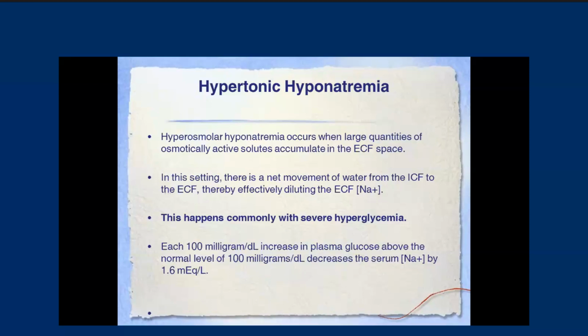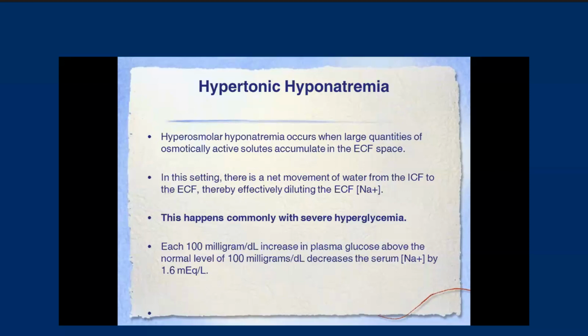So this happens commonly with glucose, because one of the components which determine plasma osmolality, along with sodium, is glucose. So for patients with hyperglycemia and hyponatremia, we need to correct the serum sodium level to see whether the patient has hypertonic or hypotonic hyponatremia.